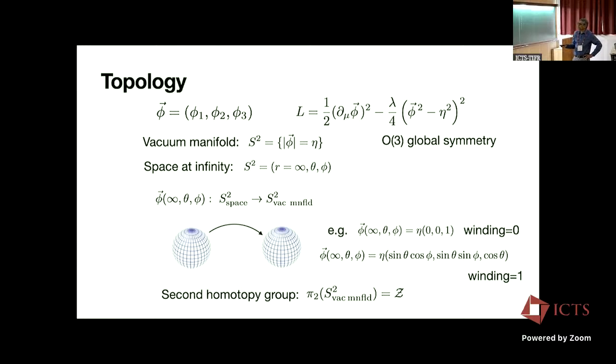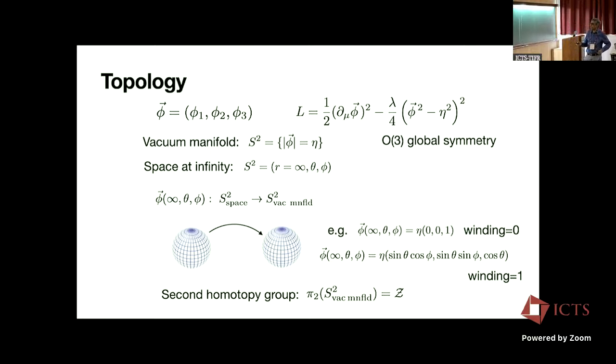But you could choose phi at infinity to be pointing in the radial direction. That means the north pole goes to the north pole, and all points go to the corresponding points. Then this is like an orange peel which is wrapped around the orange, and there's no way to eat your orange unless you puncture the peel.